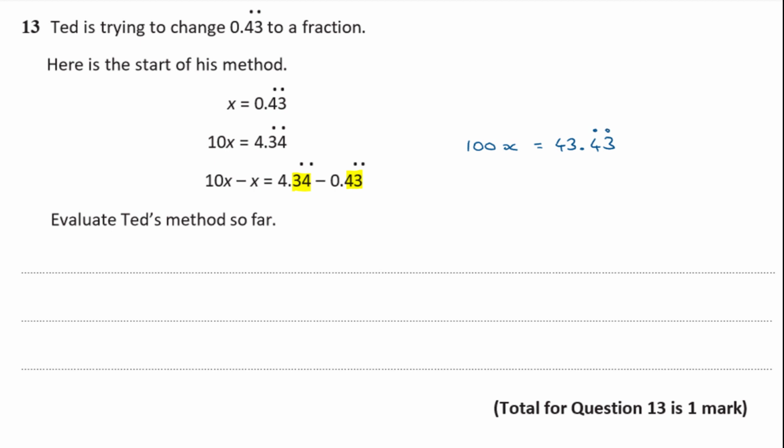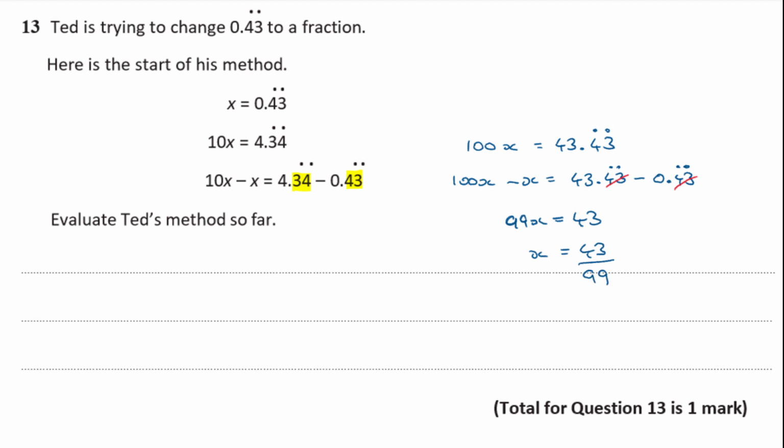And then if he took 100x and took the x away, he would be subtracting 43.43 minus 0.43, and then that bit there would cancel with that, and he would be left with 99x equals 43, and then dividing both sides by 99 would have given him x equals 43 over 99.